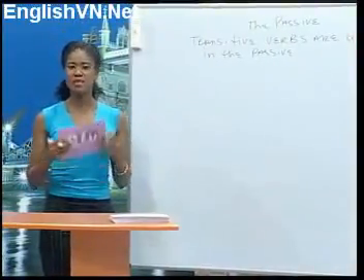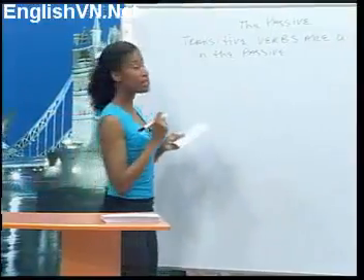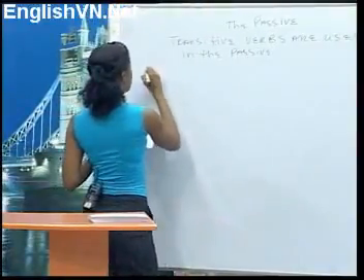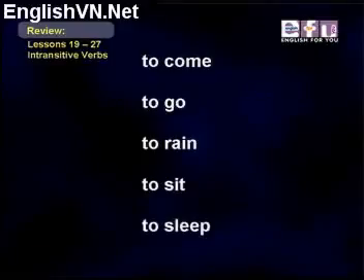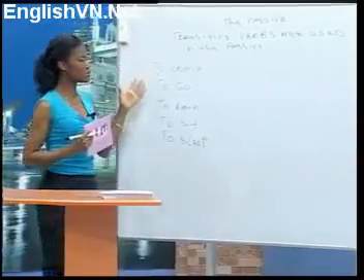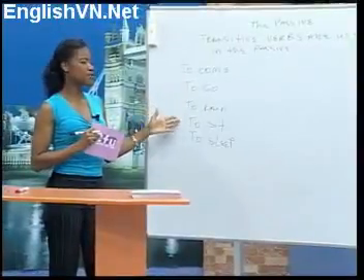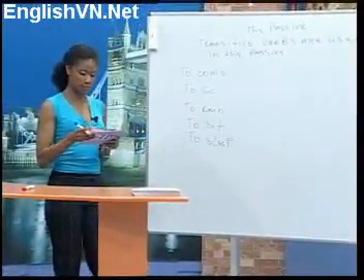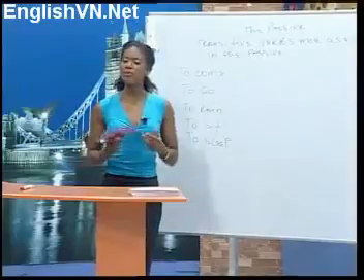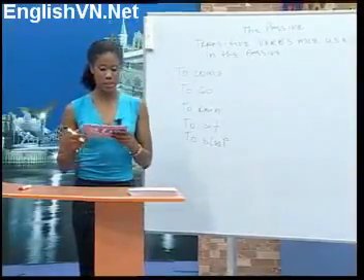These verbs cannot be used in the passive. Some examples of these intransitive verbs are to come, to go, to rain, to sit, or to sleep. All right, now we're ready to practice.